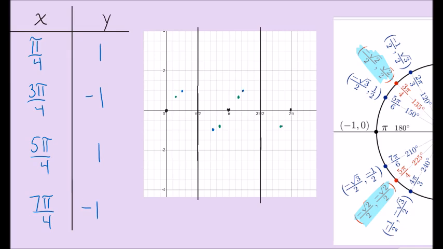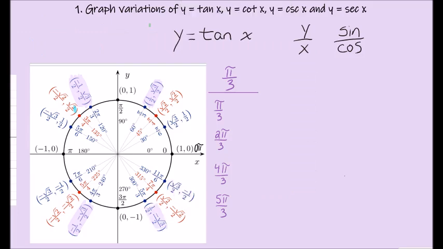And 7 pi over 4 would be -1. 7 pi over 4 would be probably right about here. And there we go. So we get kind of a strange looking shape here. We've got one more set of reference angles to go. Let's go do them.